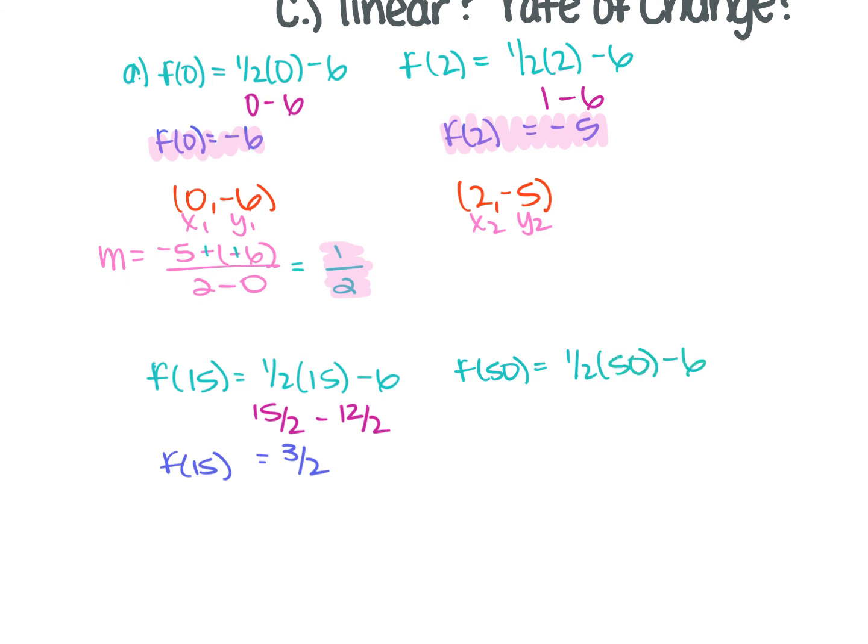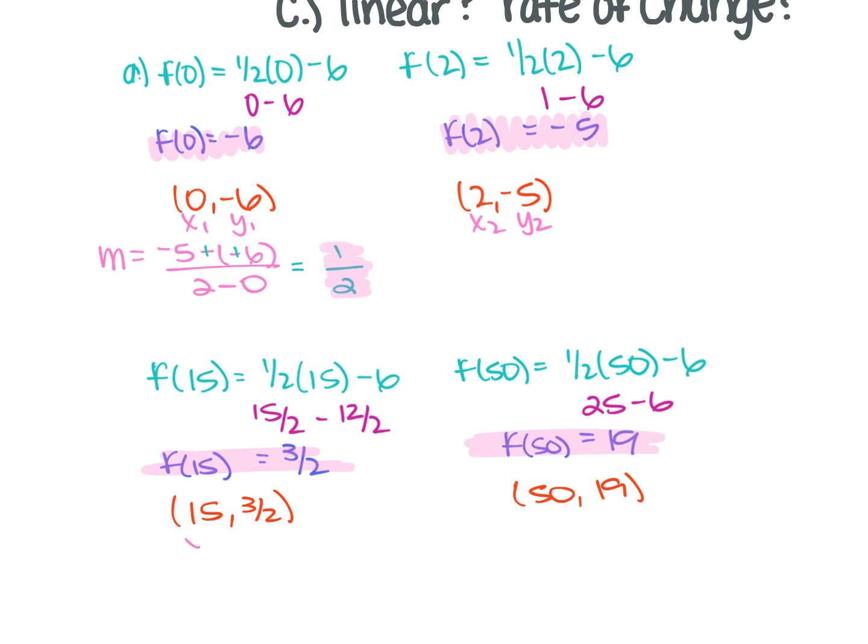The 1/2 times 50 is 50 over 2, which is 25, minus 6, which is 19. So if we find the average rate of change with these, we're going to use the points 15, 3 over 2, as well as 50, 19.